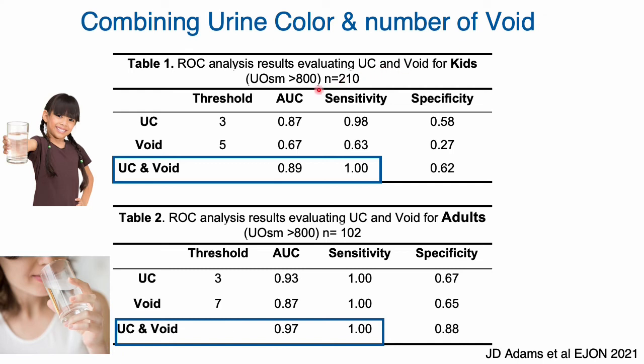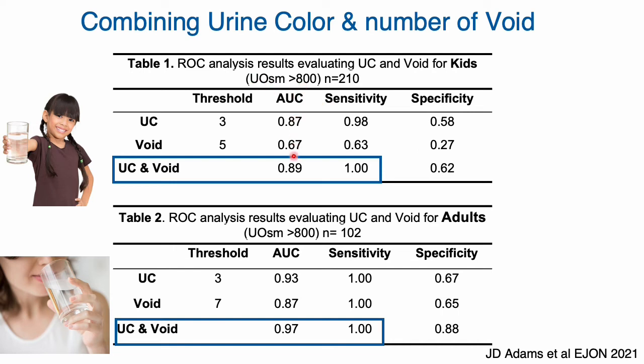So we did the assessment in children. We used 210 children, and we also used here 102 adults. We wanted to see whether we could assess underhydration by using urine osmolality greater than 800.